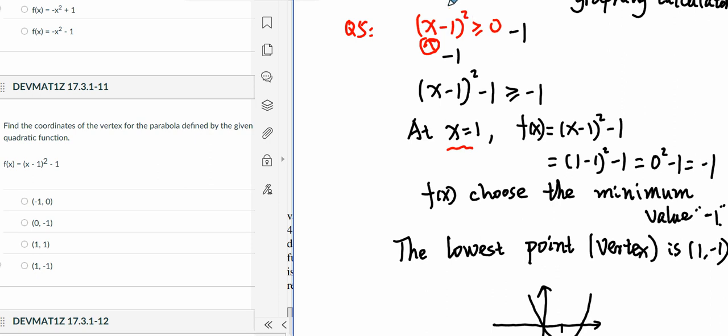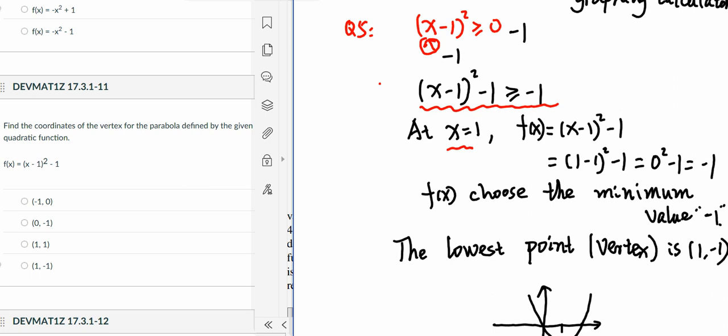So really at this point, x minus 1 squared is always greater than or equal to 0, and then we have a subtract 1 here, with minus 1 on both sides. So this is true all the time.